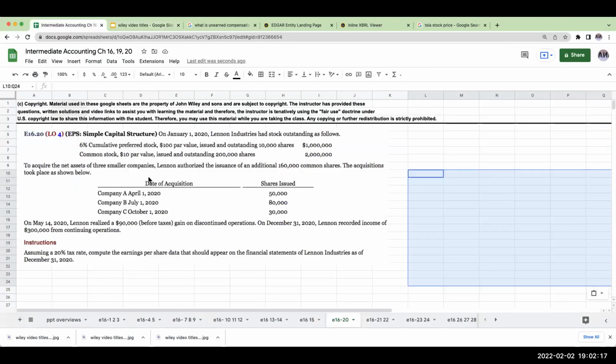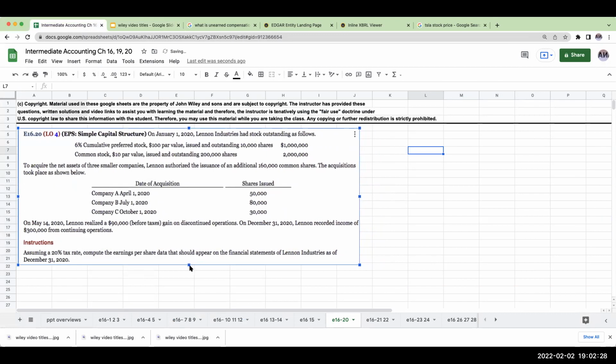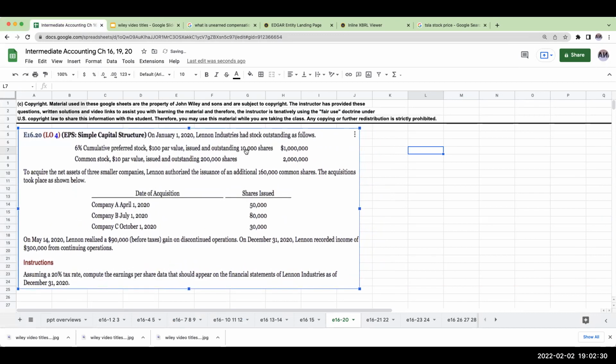Okay, so on January 1st, Lenin Industries had the following stock outstanding: cumulative preferred stock, 10,000 shares issued and outstanding, and common stock, $10 par value, 200,000 shares issued and outstanding. To acquire the net assets of 3 smaller companies, Lenin authorized the issuance of an additional 160,000 shares.